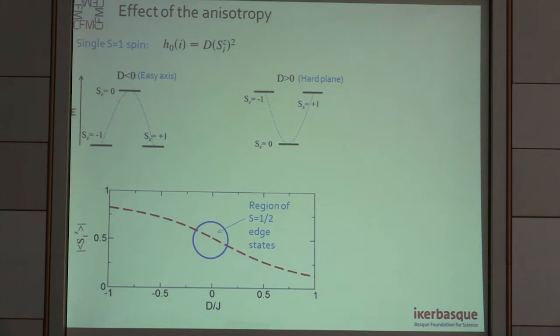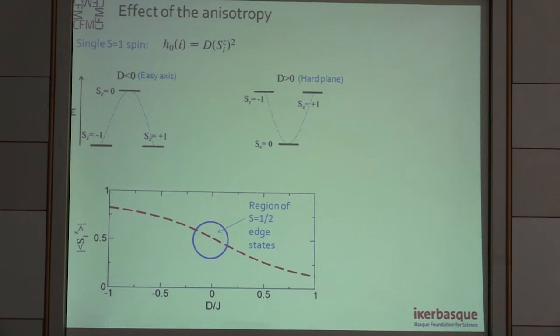In the case of a single magnetic atom, imagine that we start with the easy axis that will correspond to a negative D. It favors the spin 1 projection plus or minus 1 over the spin 0, while the situation is just reversed in the case of a hard plane anisotropy. For positive D, the ground state of the single magnetic atom will be the spin 0.